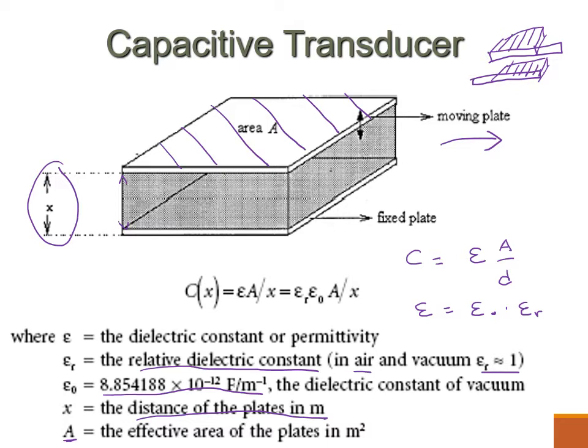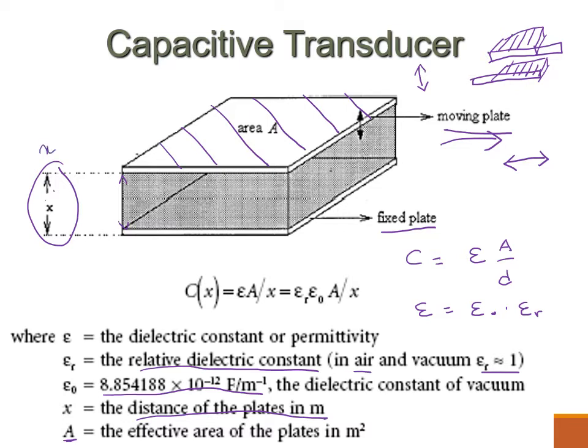The way to change the area or to change the distance is by moving the plate, because we know that one plate is a fixed plate and another one is a moving plate. The moving plate can be moved to the side, or it can also move up and down. If it moves up and down, the distance here will change, right?